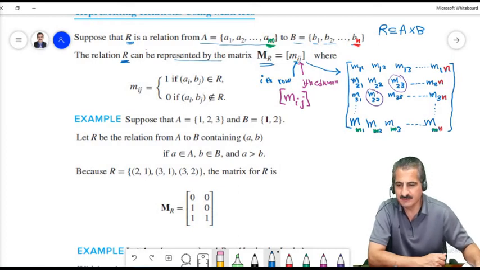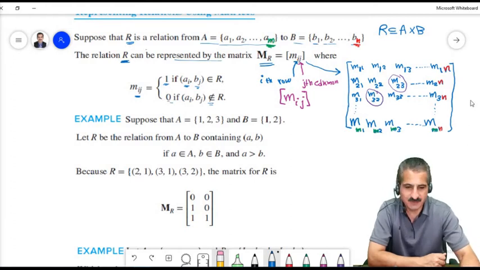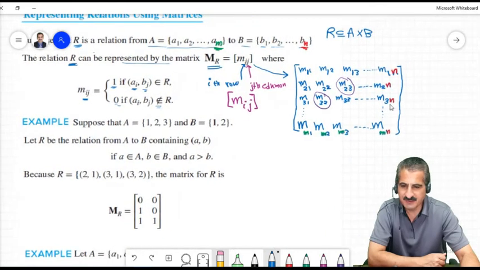What we do is, if we find an element ai related to bj, then we put in that place, in the ith row and jth column, a 1. But if they are not related, then we put 0. Now, it is better to make this clear, so I will go to the side.